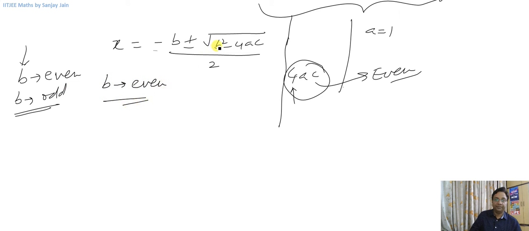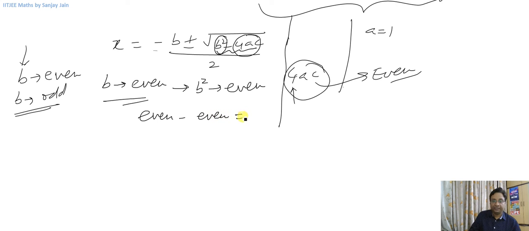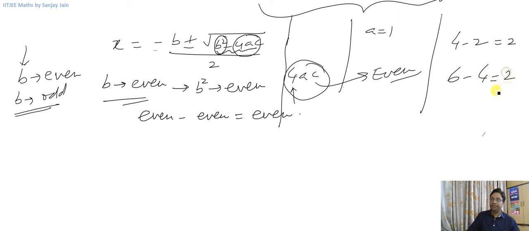then look at this expression inside the radical sign. If b is even, then b square will definitely be even, right? And if b square is even and 4ac is also even, then what will be even minus even? Even minus even will also be even, right? You can check. You can keep on verifying on the right hand side by just taking two random even numbers and you will find that their difference is also even.